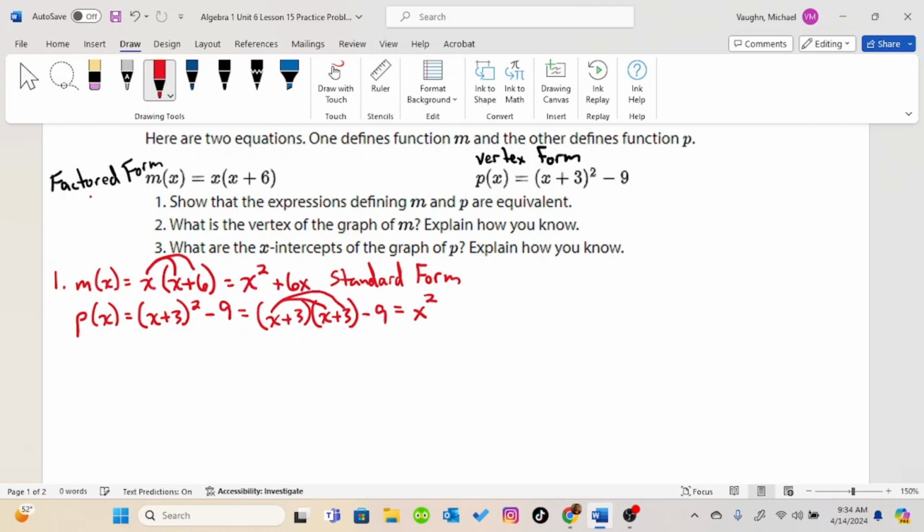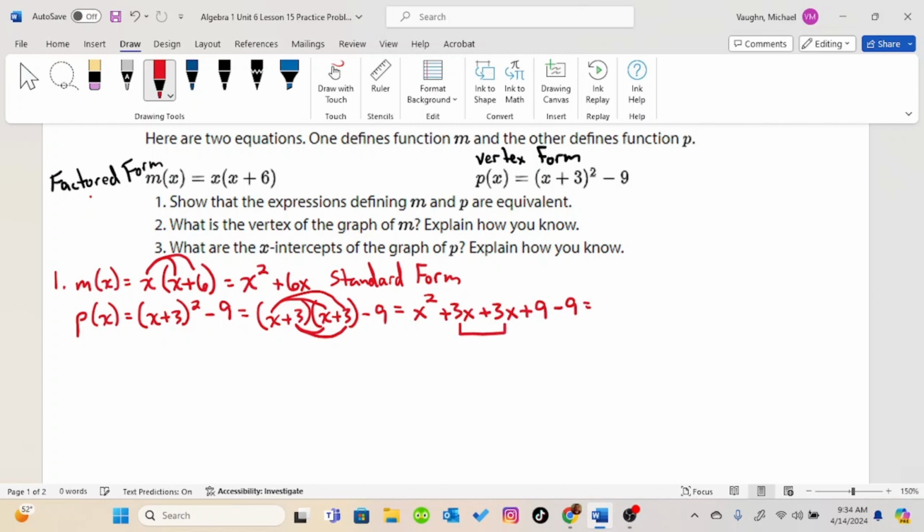X times 3 is 3x. 3 times x is 3x. And 3 times 3 is 9. And then we have the minus 9.